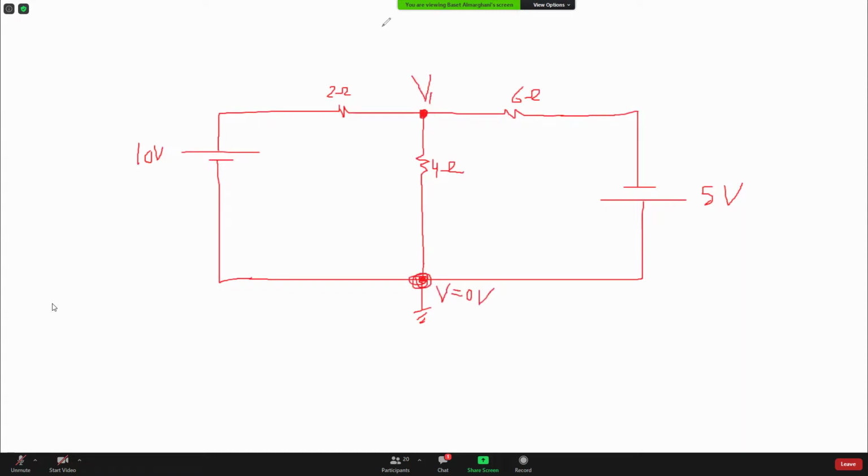Now, what is the voltage at this point? What did we say the voltage at this point here? Connected to the ground? 0 volt. So what is the voltage here?